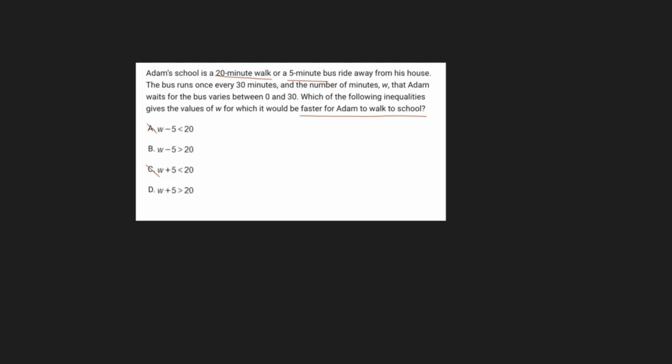So the waiting time here is W, the amount of time that Adam has to wait for the bus. And so we want to add on that 5 minutes because it takes 5 minutes to actually get on that bus from his house and actually arrive at school. And therefore, it can't be minus 5 because we're not taking away time, that's just adding time to him. And therefore, our answer is going to be choice D.